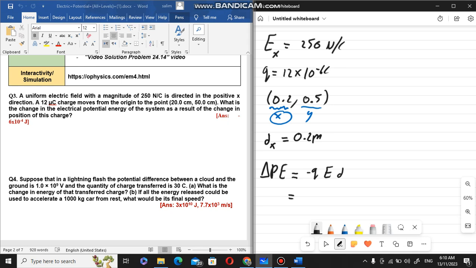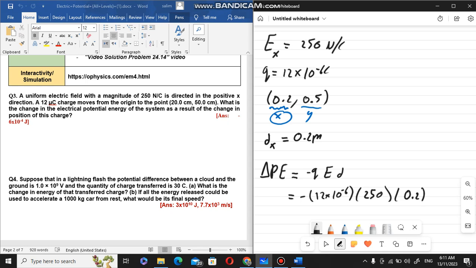which is equal to minus 12 times 10 power minus 6 multiplied by the electric field, which is 250, and multiplied by the displacement, which is 0.2. Displacement here is in the same direction as the field, since the field is in the positive x direction, so we put it as positive displacement.